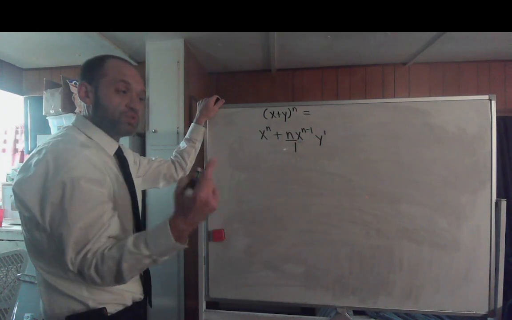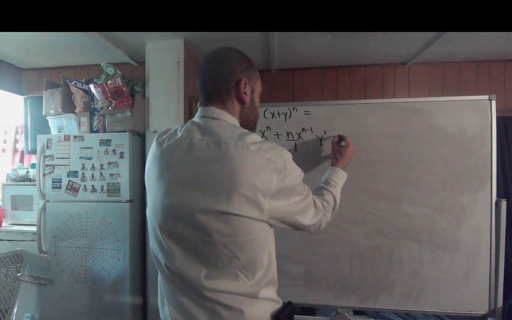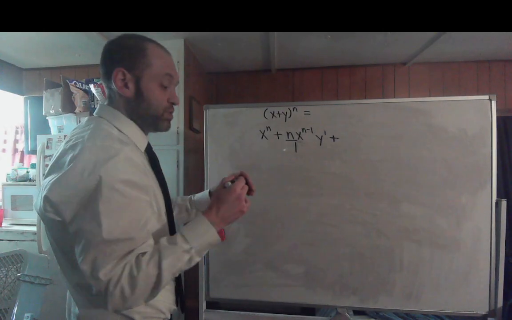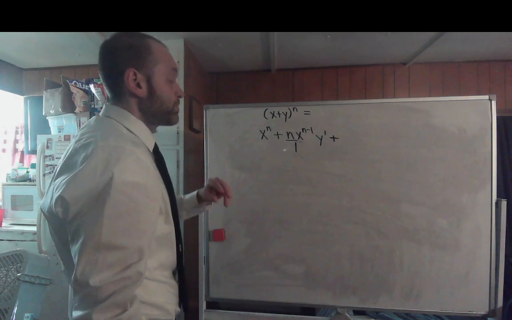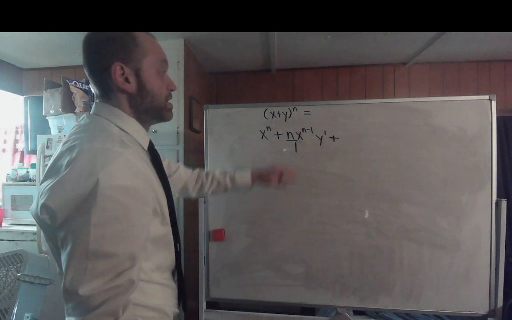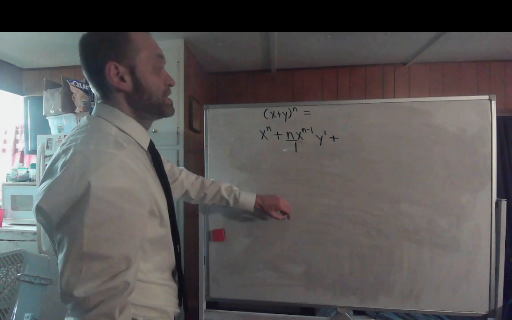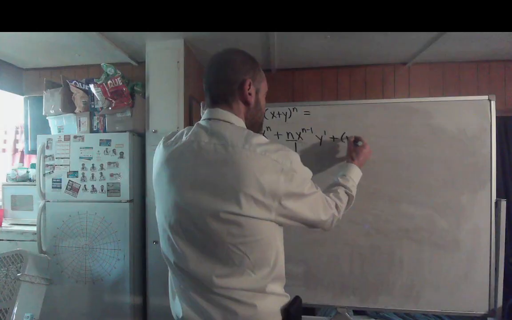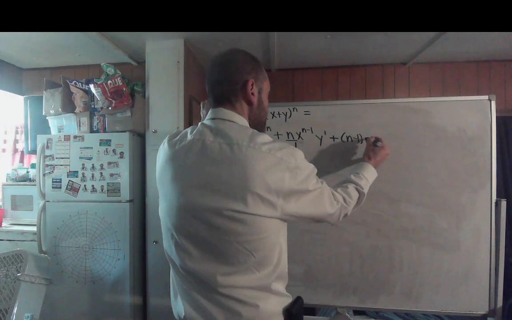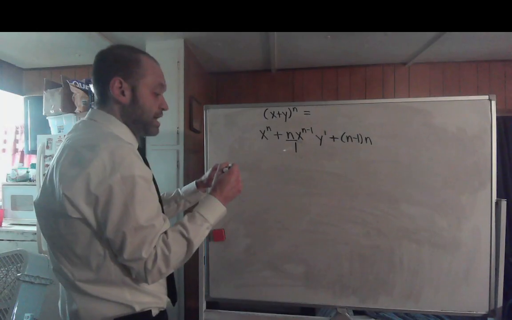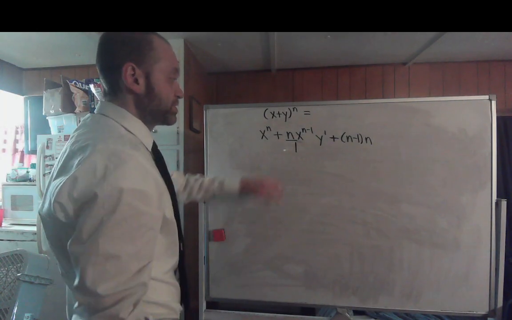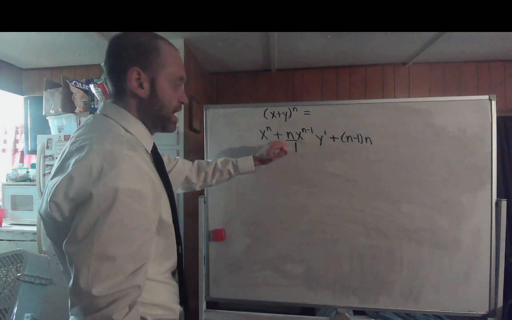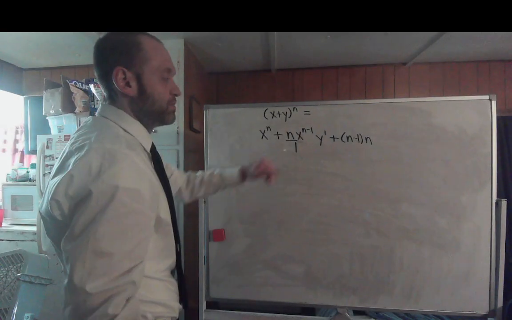And then let's build the third term. To build it, I'm going to yet again take that power on the x, bring it down in front of my coefficient here. So this would turn into n minus 1 times n. And now, let's pretend this is simplified, since anything divided by 1 is itself.